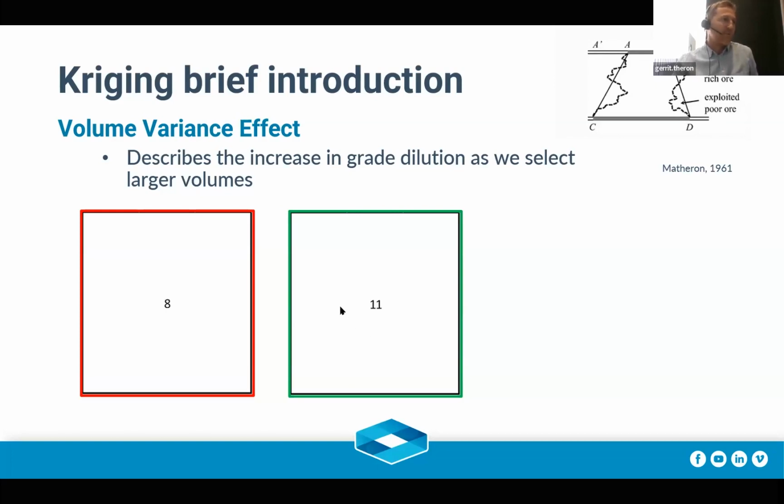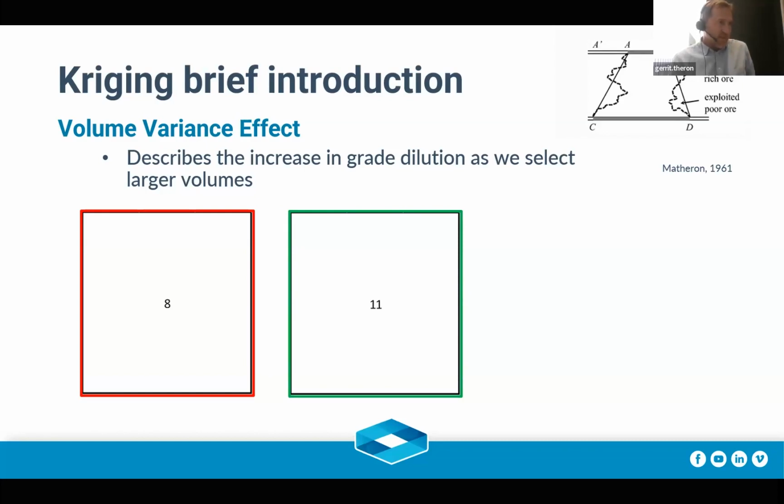If we look at it in another way, if we look at two blocks, on the left hand side is a block that's colored red with a grade of 8, and on the right there's a block with a grade of 11. So if we had a cutoff, let's say, of 10 grams a ton, obviously the block on the left would be waste and the block on the right would go to our plant.